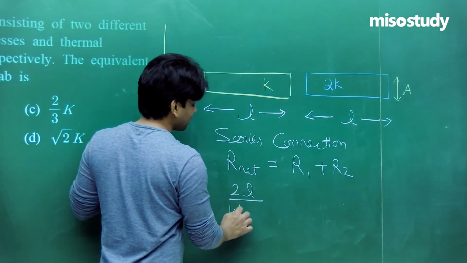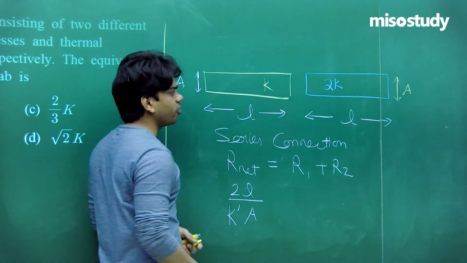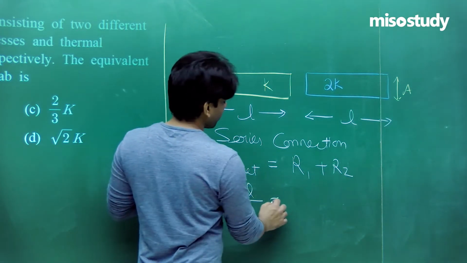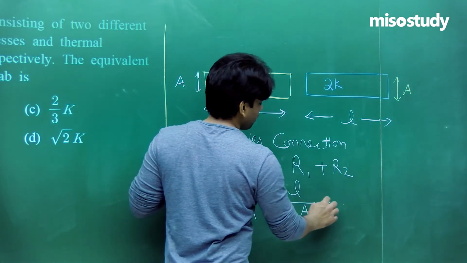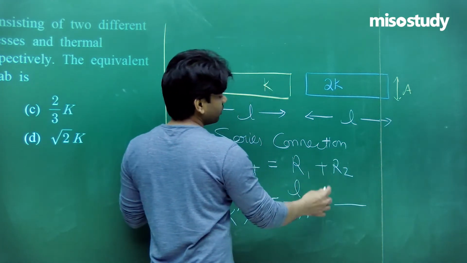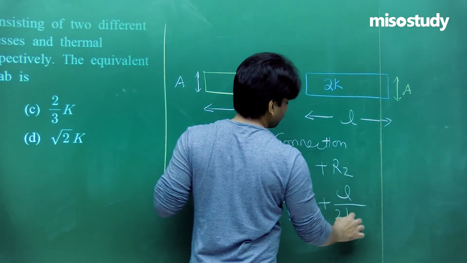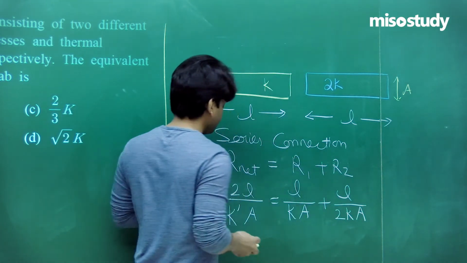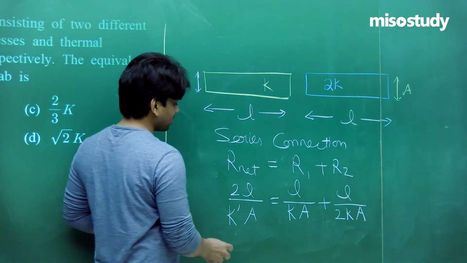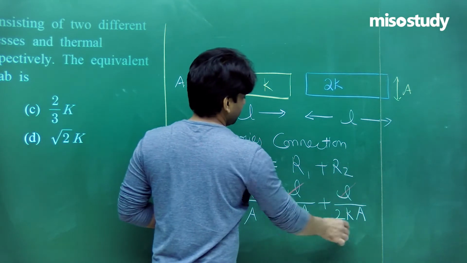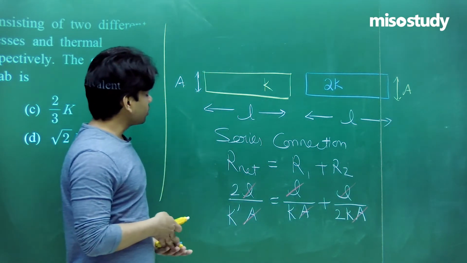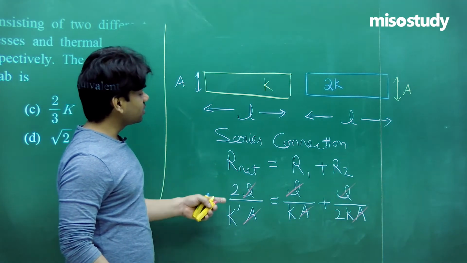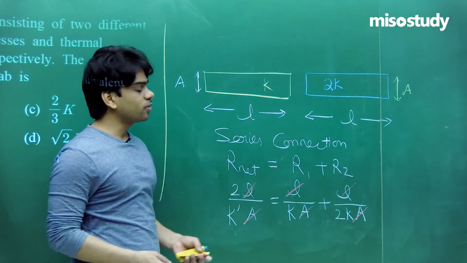Let's say K dash is the new thermal conductivity, and A, the area of cross section, remains the same. So R1 will be L by KA plus R2, where the length is again L and the thermal conductivity is 2K, into A. You see what terms can be cancelled out: L and A. From here, 2 by K dash is equal to 1 by K plus 1 by 2K.